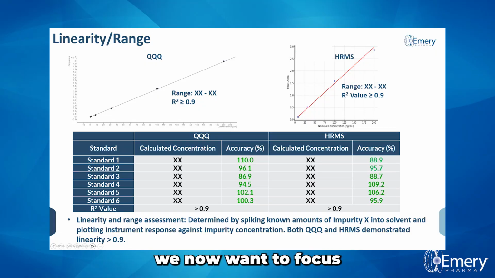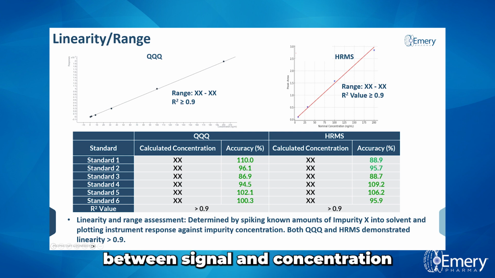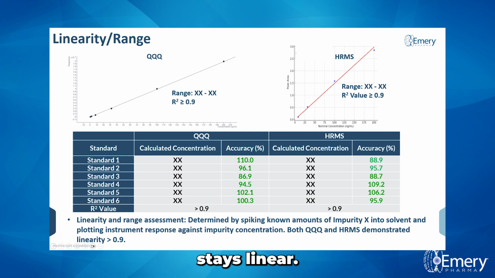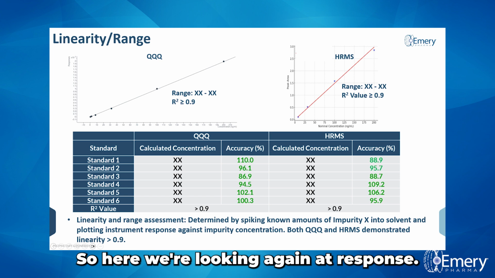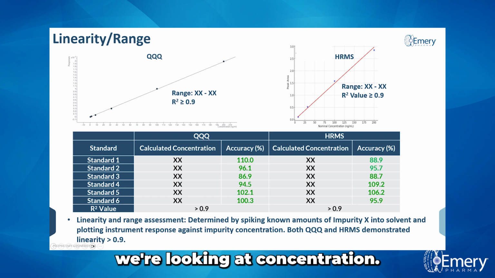So moving forward, we now want to focus on linearity and range. This is the range over which we can accurately quantitate our impurity of interest, and over which the correlation between signal and concentration stays linear. Here we're looking at response versus concentration.